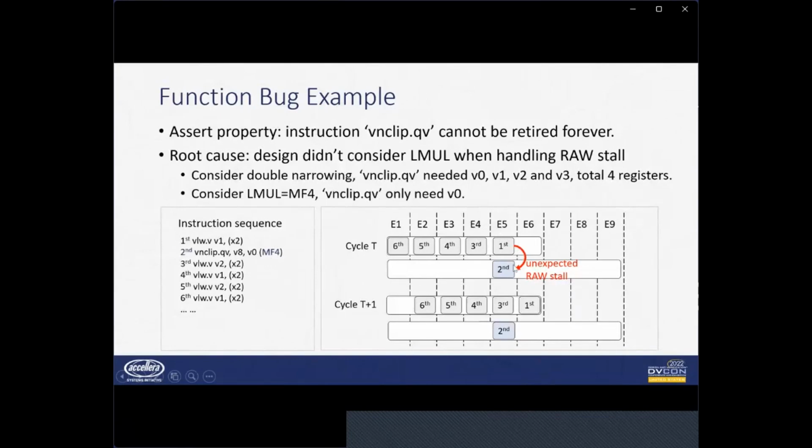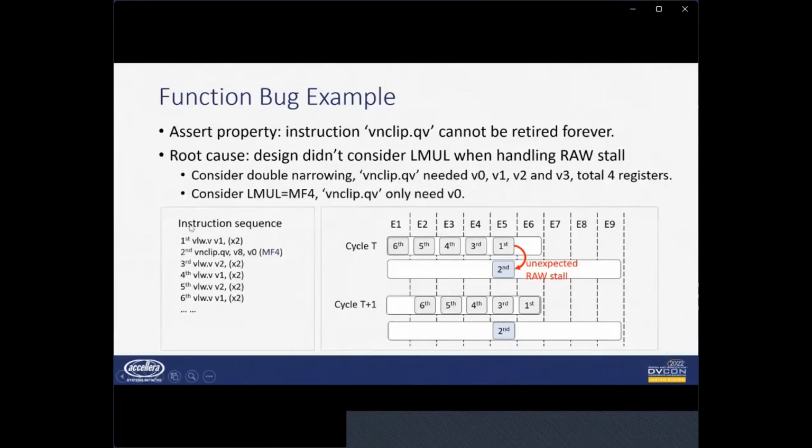resulting in an unexpected IW stall. This IW stall leads to an unnecessary stall of the vnclip.qv at the E5 stage.